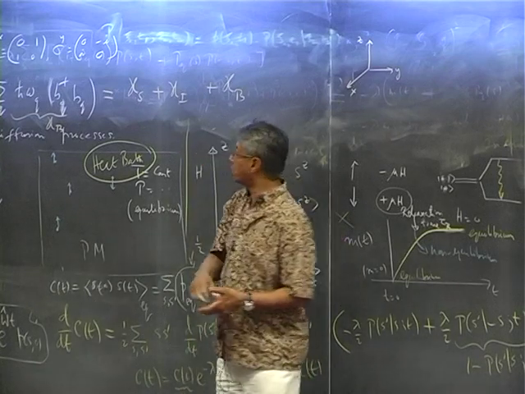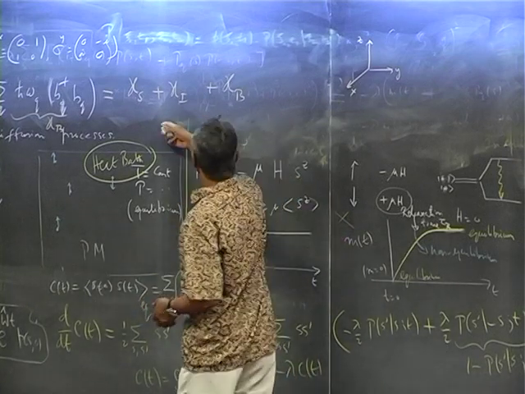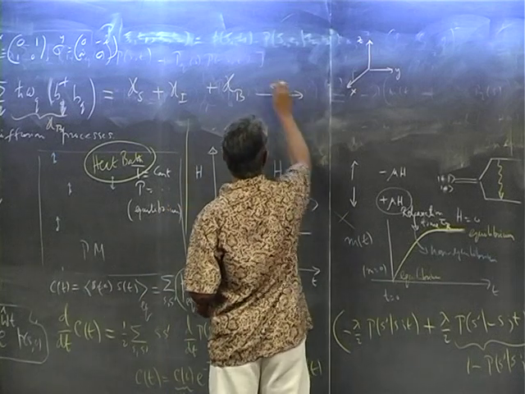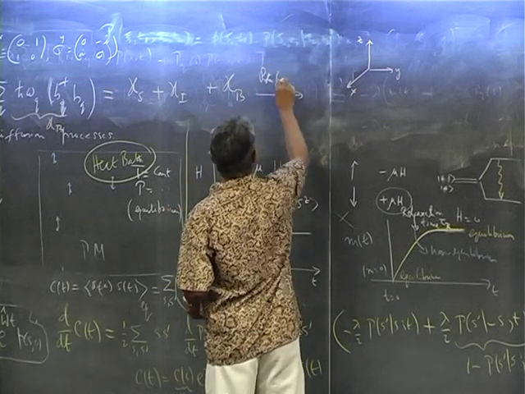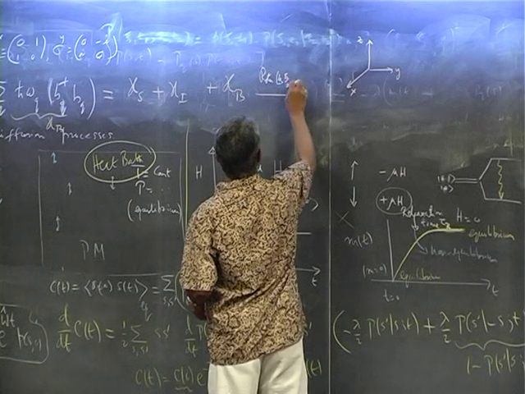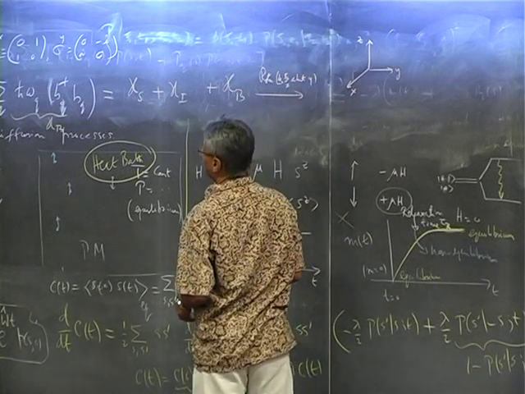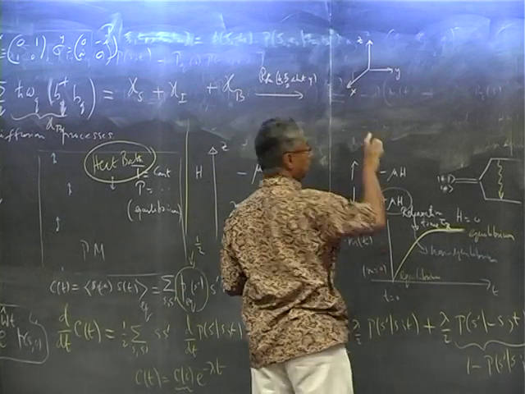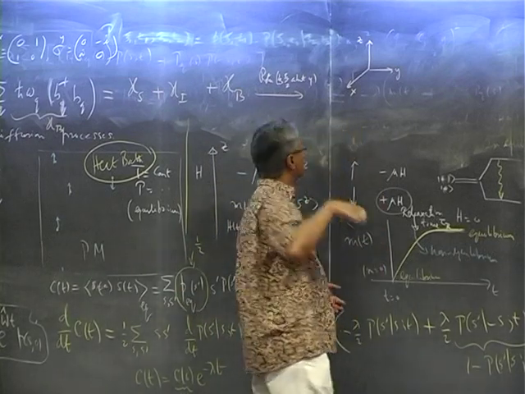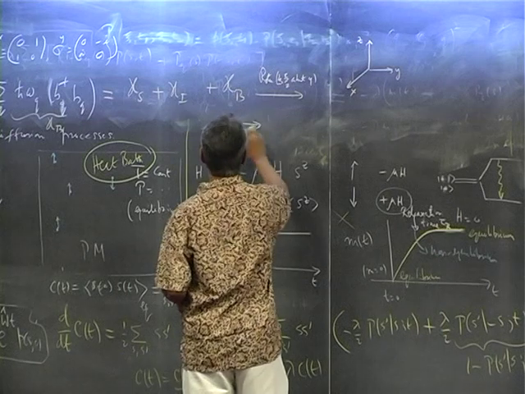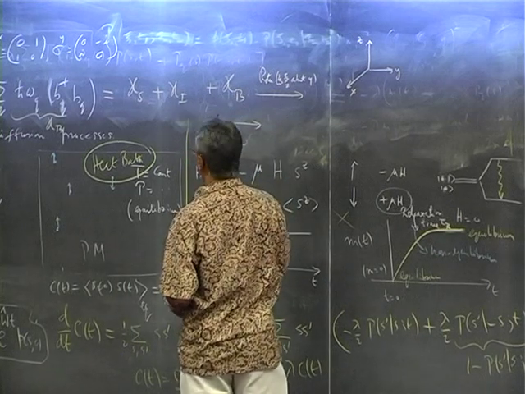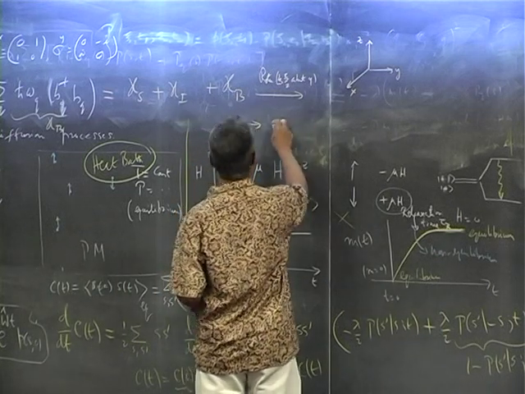So if you apply a rotation operator on this Hamiltonian by pi by 2 about y, then your z becomes x. So this Hamiltonian goes over into, well, z becomes minus x, I think.